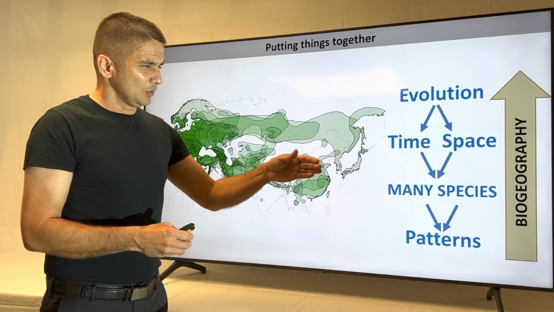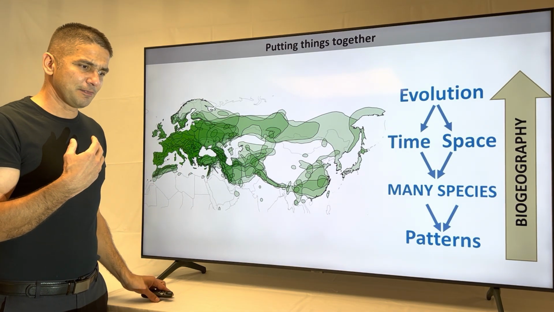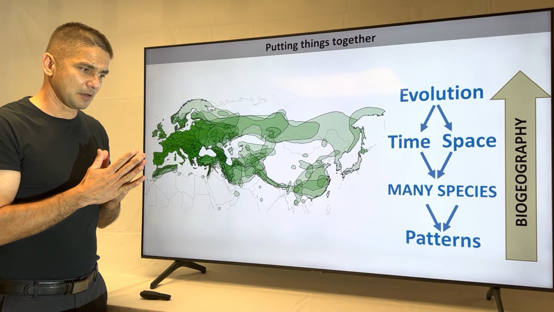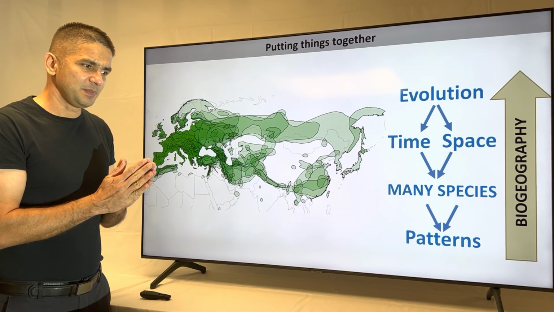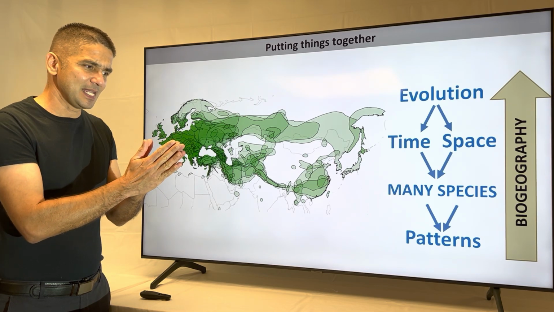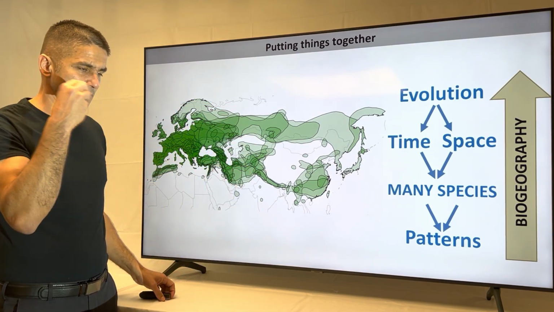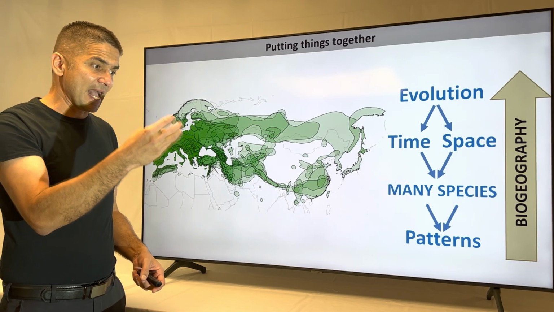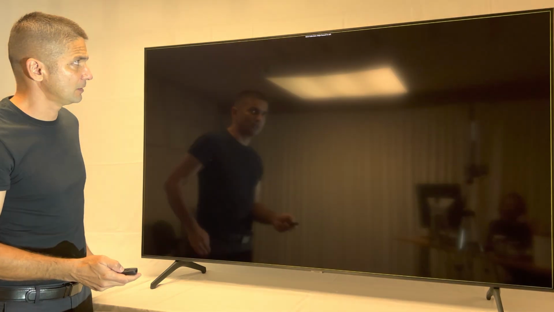But what I want you to realize in advance when we start looking at these patterns is the fact that those patterns are again the result of evolution of individual species happening in space and time that basically coincide with many other species. So that's the angle that I want you to start looking from when we start looking at those patterns later on.